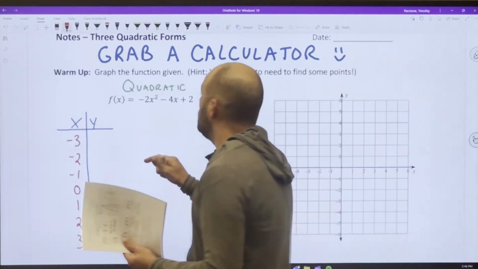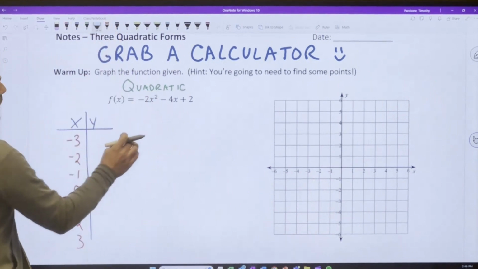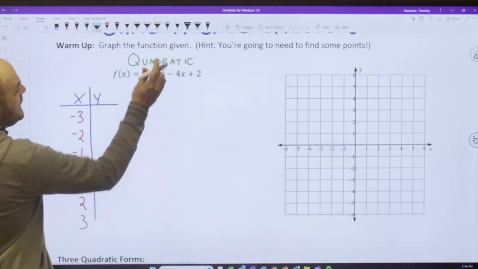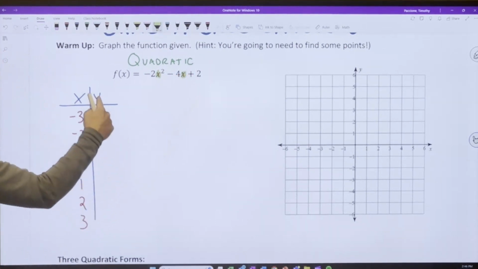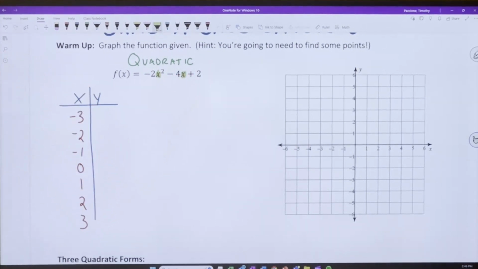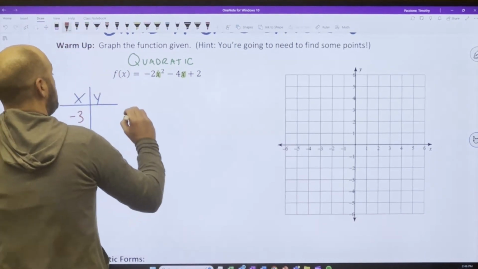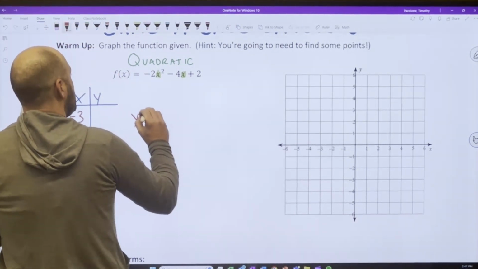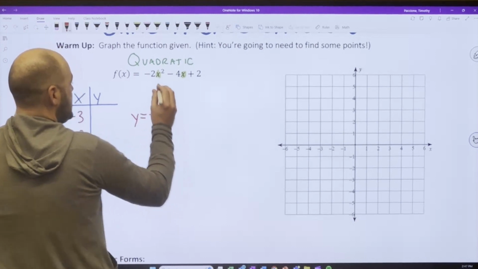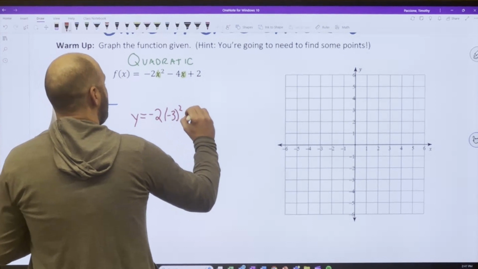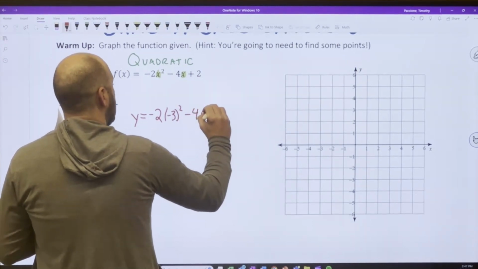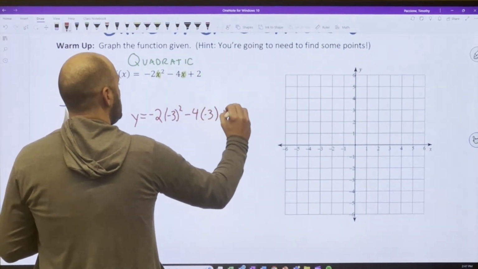Now plugging it in, where do I plug in? Anywhere you see X. So if I see an X here and an X here, I'm just going to rewrite the equation but put -3 in that spot instead. So what does that look like? To find my first Y, I would say -2, but instead of X, -3 squared, minus 4, instead of X, -3, plus 2.